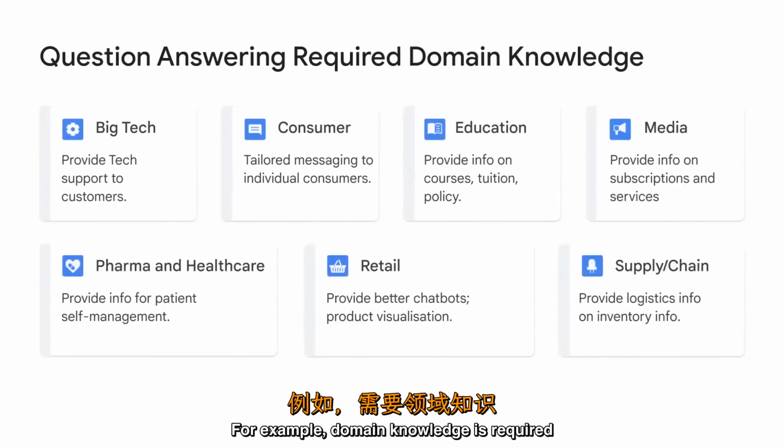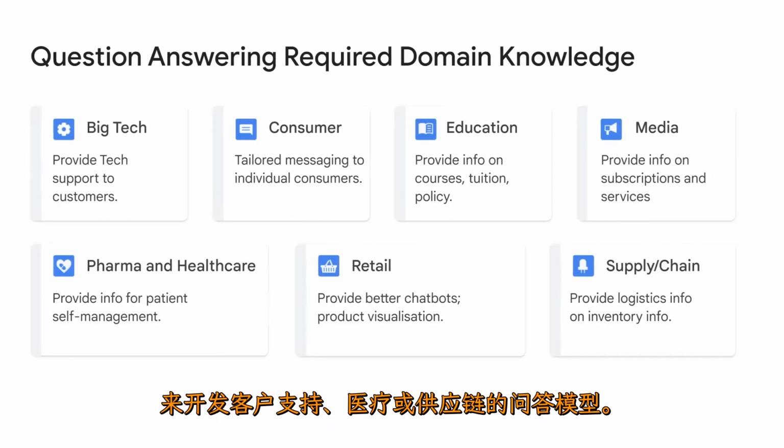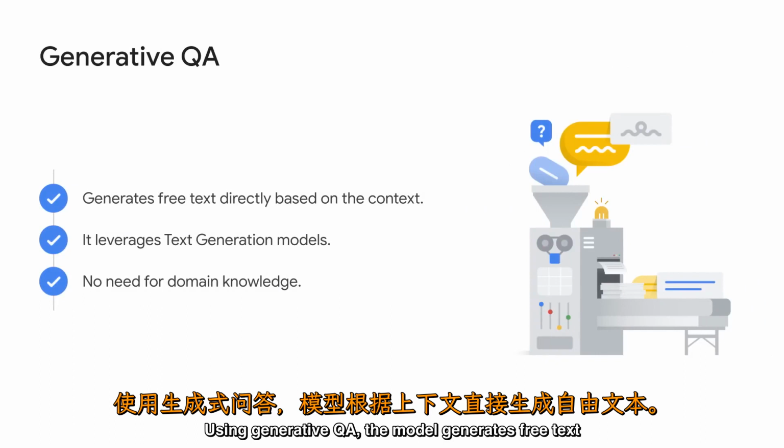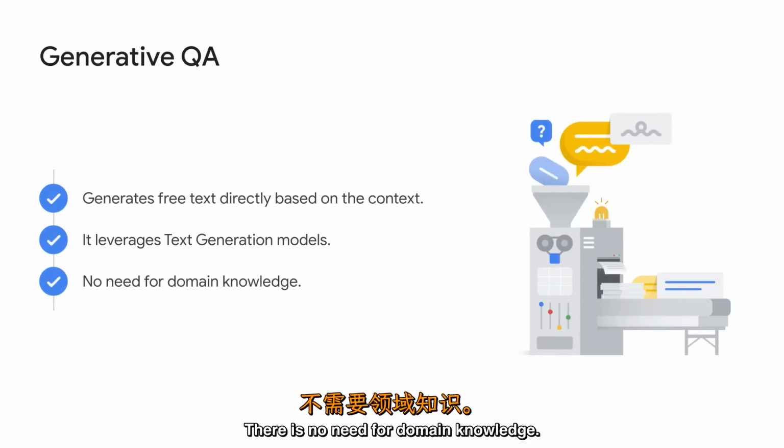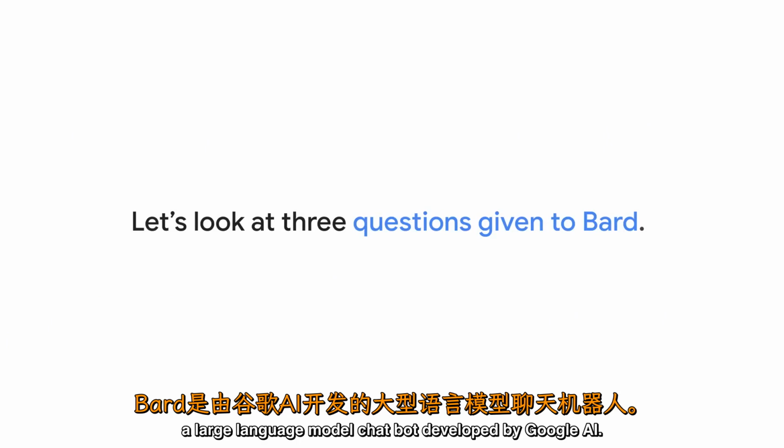For example, domain knowledge is required to develop a question-answering model for customer IT support or healthcare or supply chain. Using generative QA, the model generates free text directly based on the context. There is no need for domain knowledge. Let's look at 3 questions given to Bard, a large language model chatbot developed by Google AI.